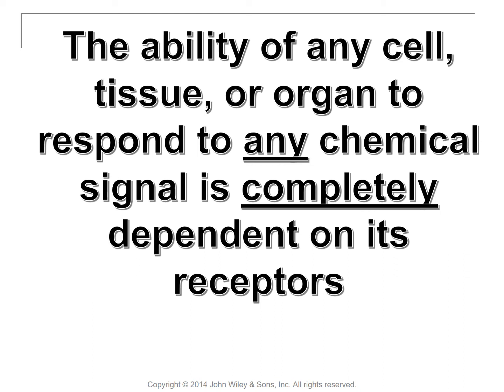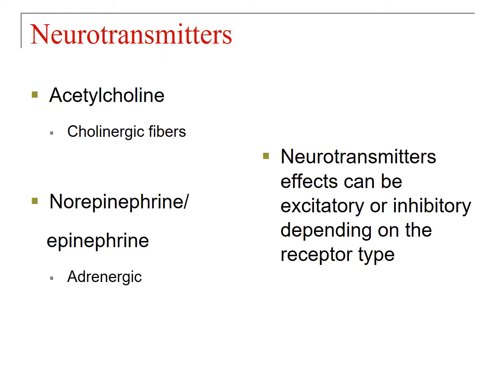And fortunately for cardiac patients, that specific type of receptor, the beta 1 receptor, is found mainly in heart tissue. So that beta blocker doesn't have tremendous effects on the rest of your system. Okay, acetylcholine will affect cholinergic fibers, norepinephrine will affect adrenergic fibers, and again, as I just said, the neurotransmitter effects can be excitatory or inhibitory depending on your receptor type.